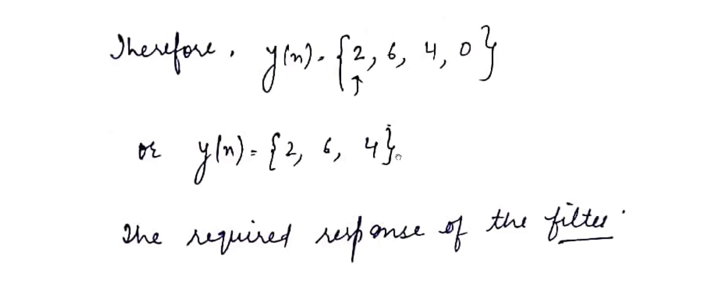So let's revise the steps once. We were given xn and hn, and we need to find yn. So we have implemented it in the frequency domain. First we calculated the DFT of xn, that is capital Xk. Then we calculated the DFT of hn, that was Hk.